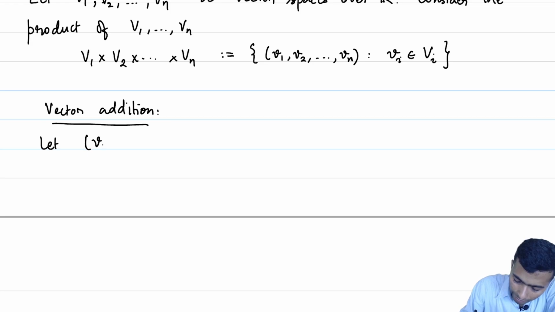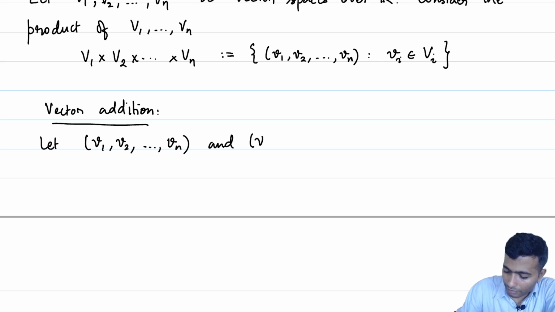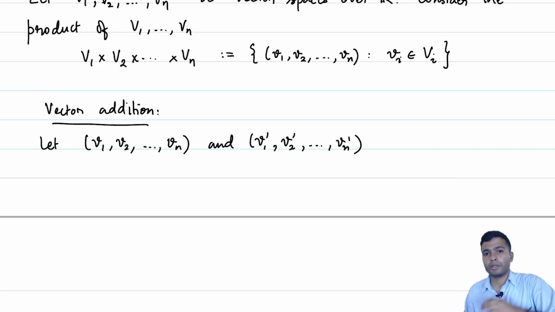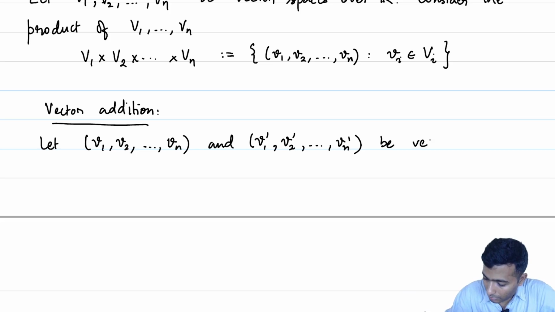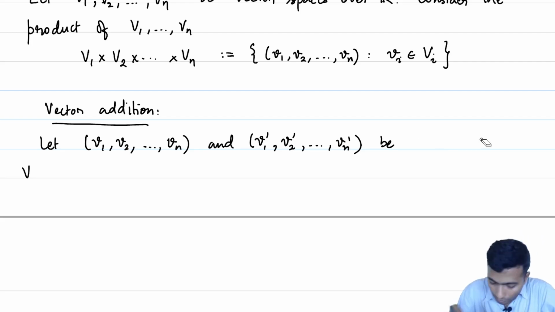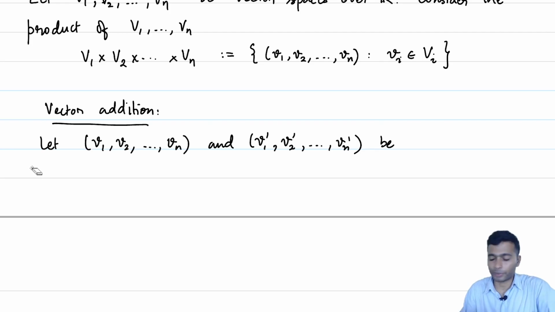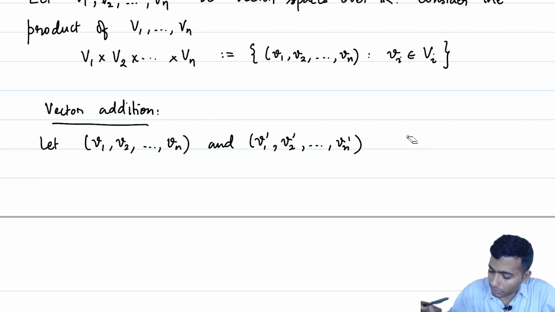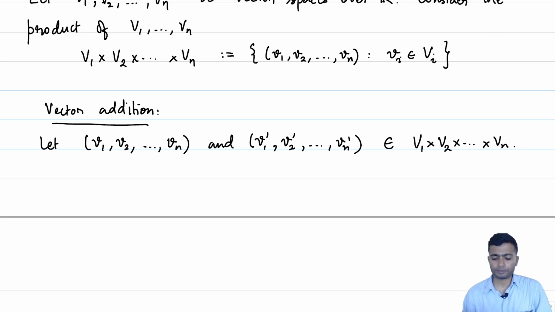Let (v1, v2, up to vn) and (v1 prime, v2 prime, up to vn prime) be two elements in, as of now there are no vectors because we have not given any vector space structure to it, so let me just use the shorthand notation, elements of V1 cross V2 up to Vn.